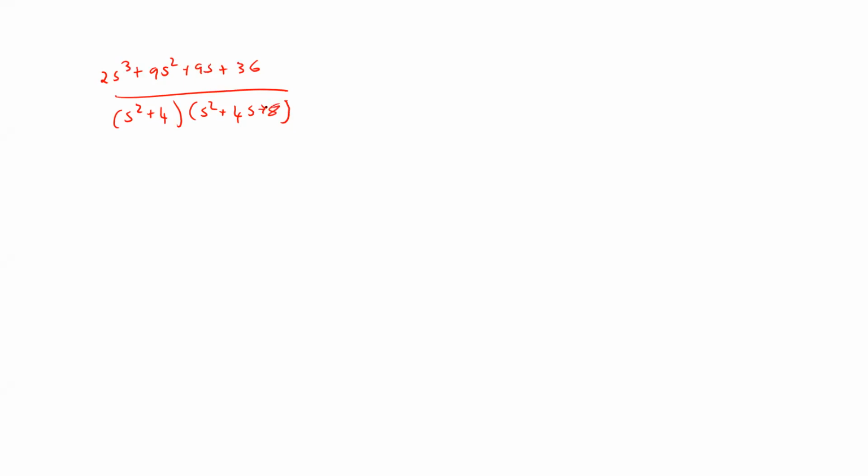How to split this as a partial fraction is in this way. We take As plus B divided by s square plus 4. This is the third methodology you're learning in splitting partial fractions. Whenever you see an s square at the bottom, you have to split it this way. Here again you have an s square, so you split it the same way.